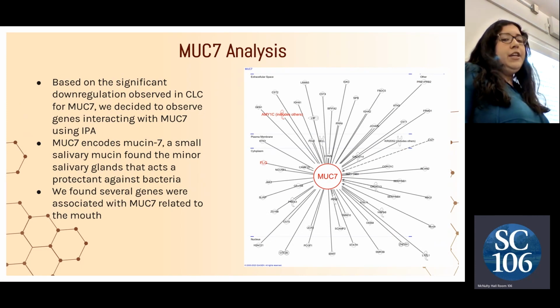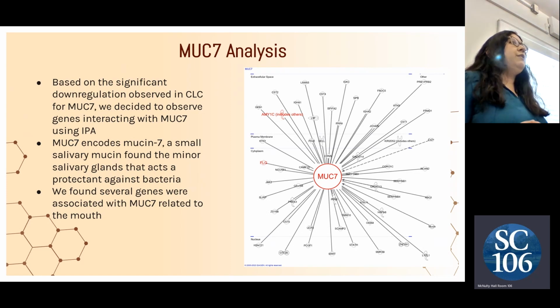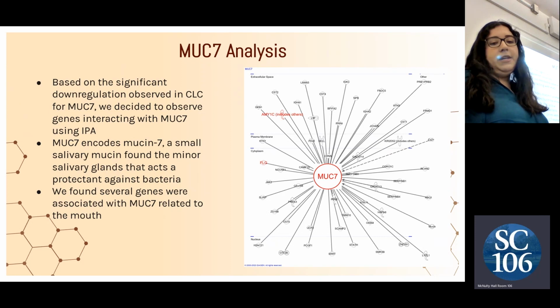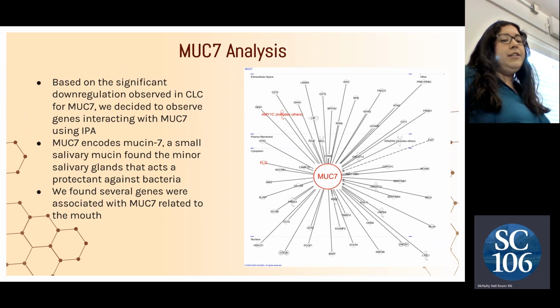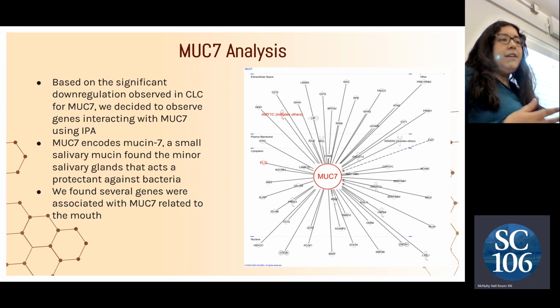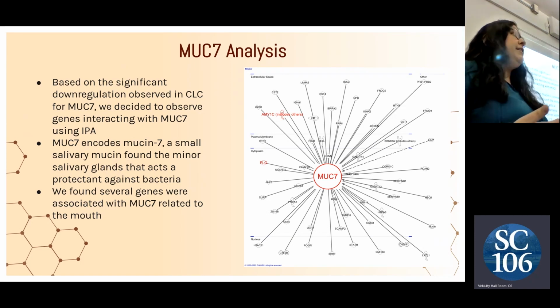MUC7 encodes for mucin 7, which is a small salivary mucin found in the minor salivary glands that acts as a protectant against bacteria. As you can see in this chart made in IPA, we were able to find several genes that were associated with MUC7, and several of them were related to the mouth in some capacity.